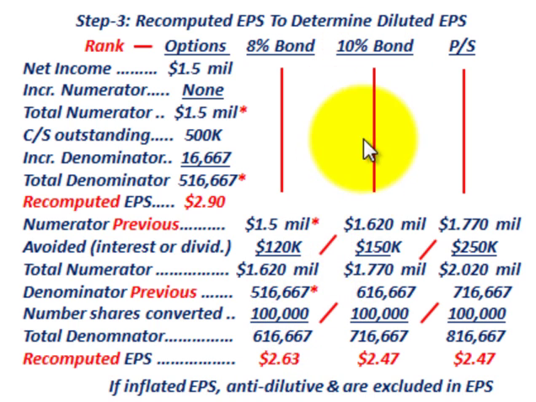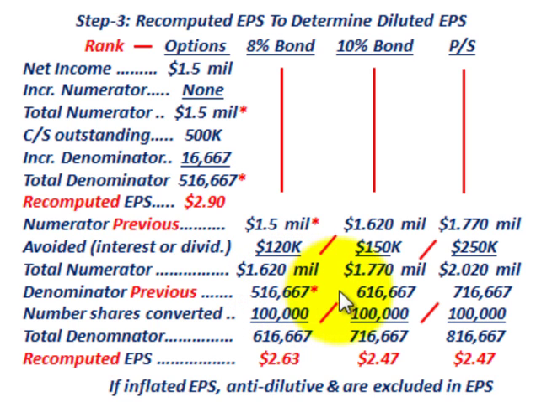Now, working off our 10% bonds, we don't have to go through all these numbers. We start out with our previous numerator from the 8% bonds at 1,620,000. Then we add the interest that was avoided, 150,000, and we come up with the total numerator of 1,770,000.